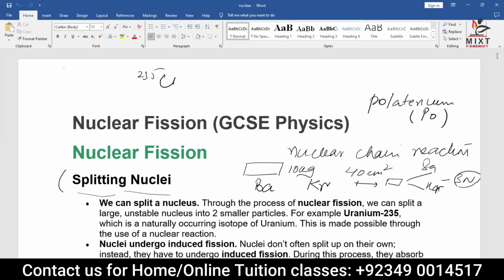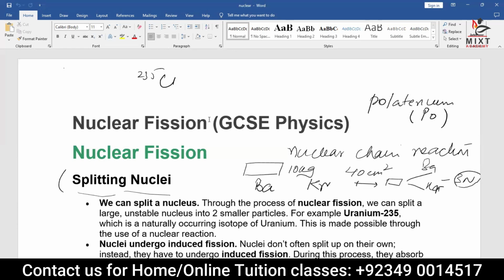Now, first of all, you tell me what is meant by nuclear fission reaction. It's splitting of a nucleus into small nuclei. So basically, splitting of a big nucleus into smaller nuclei. Now the point is, do you think it's only uranium that is used for this purpose, or can something else be used for that purpose?